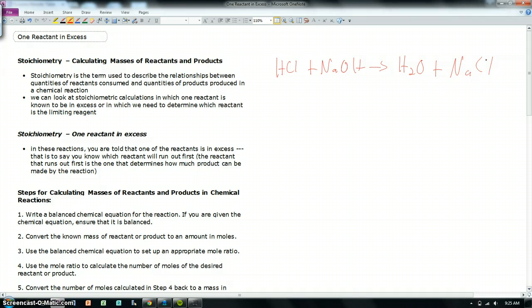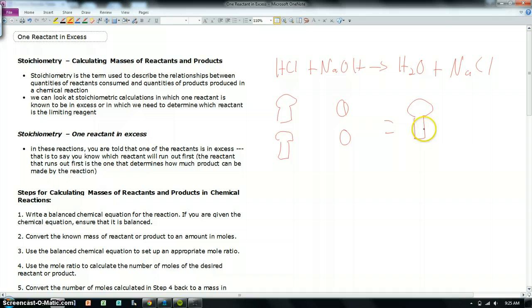Think of this as making a sandwich, okay, where you need a couple pieces of bread, right, and a couple pieces of bologna to give you a couple sandwiches, right?